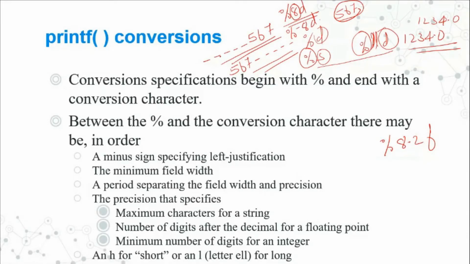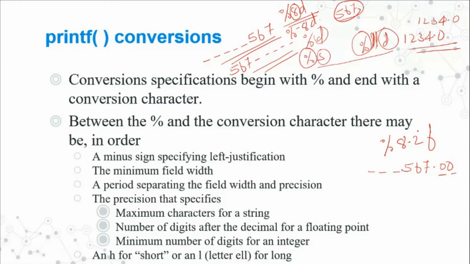Like if it is 567, what it will print is 567.00. So 2 decimals will be printed, and a total of 8 spaces will be taken. Here 5 spaces are already taken, and 3 more spaces will be left: 3 spaces, then 5, 6, 7, then dot 0, 0. That is how floating point values are displayed using the precision also.